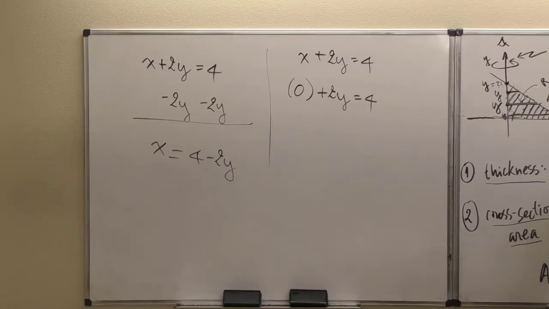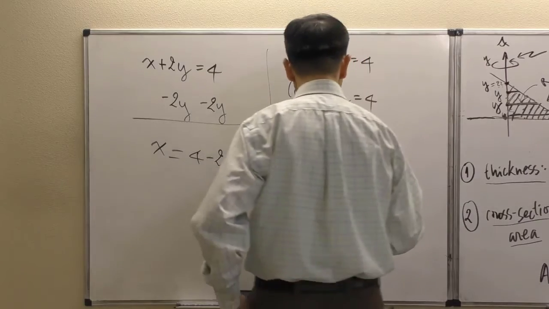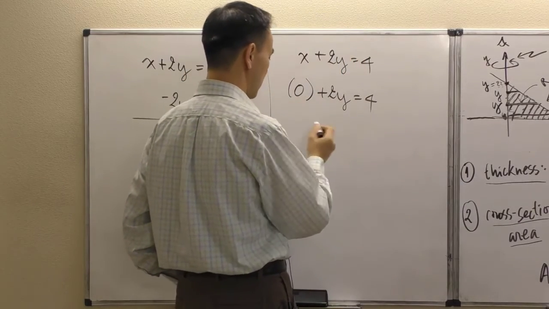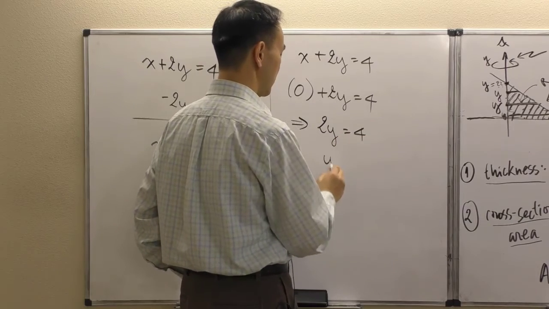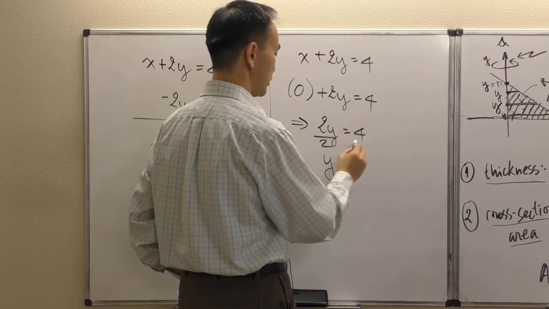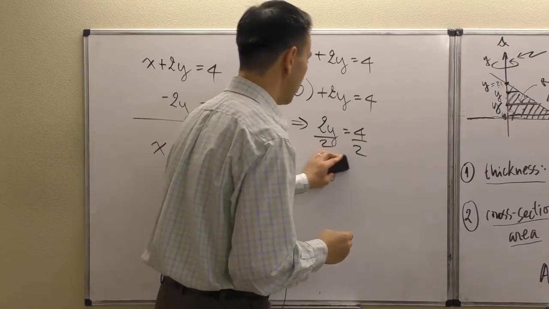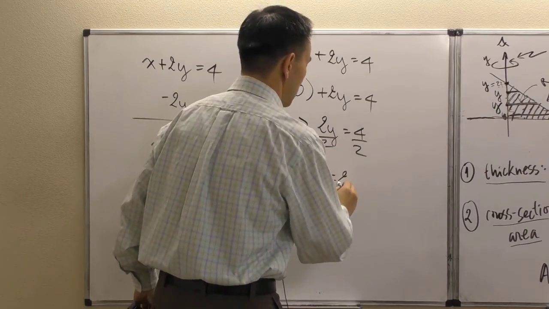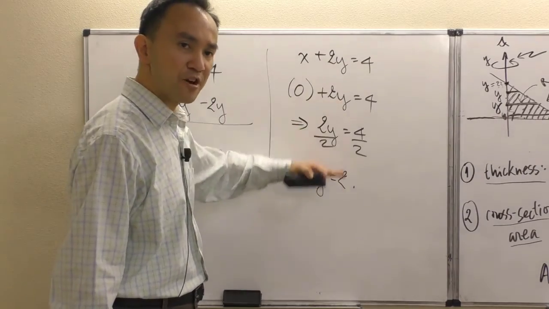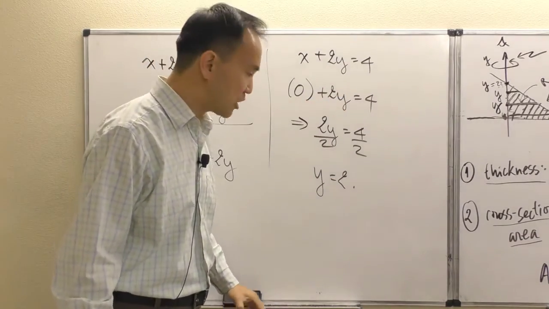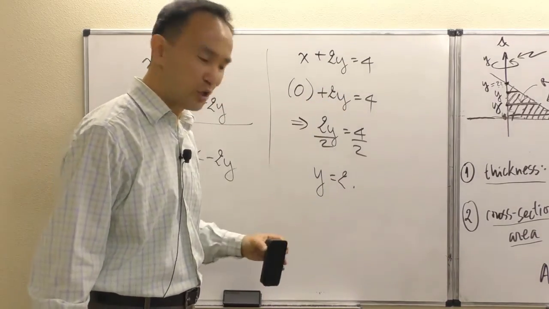And so in that way, now I can find out what y value that is. It's 0 here, so it's 2y equals 4, or dividing both sides by 2, we're now looking at y equals 2. That is the upper end of our accumulation, that we're accumulating from 0 to 2 this time.